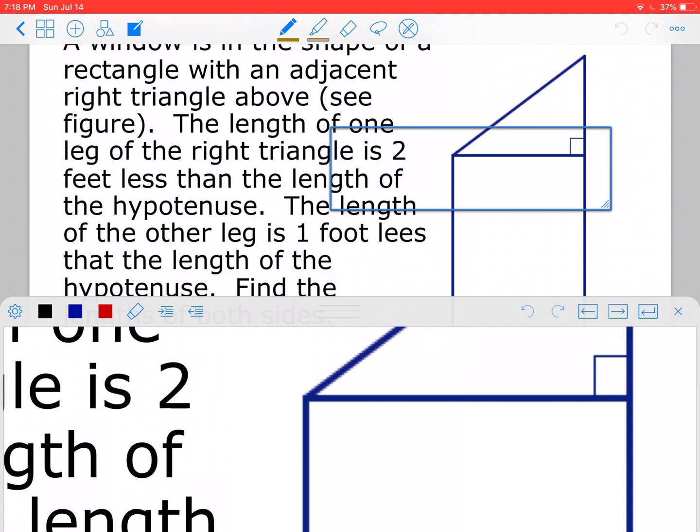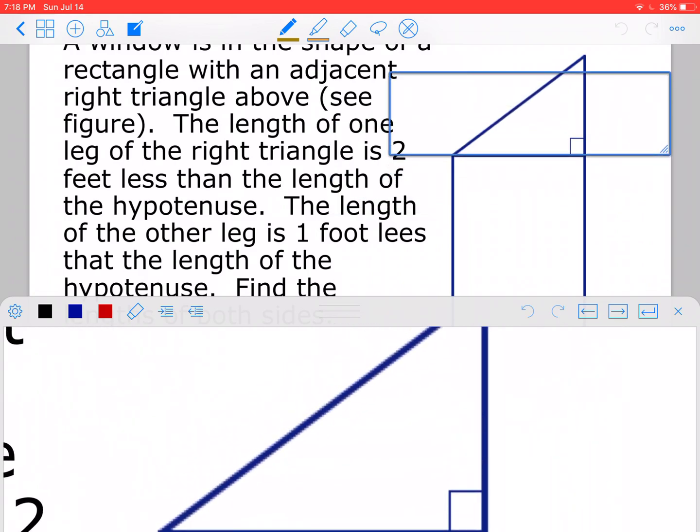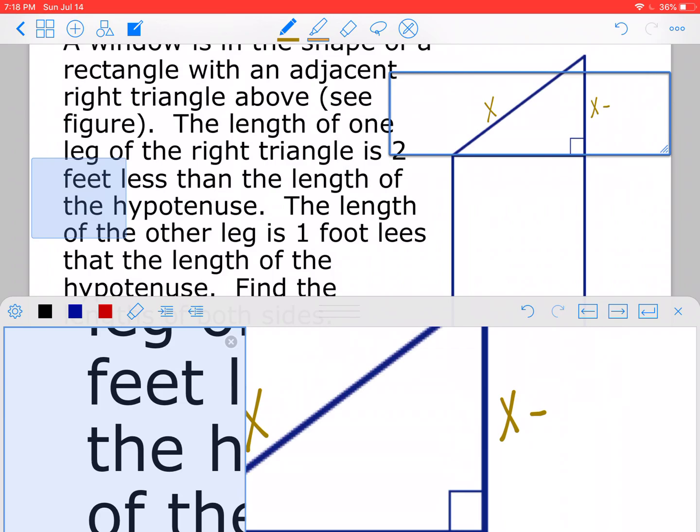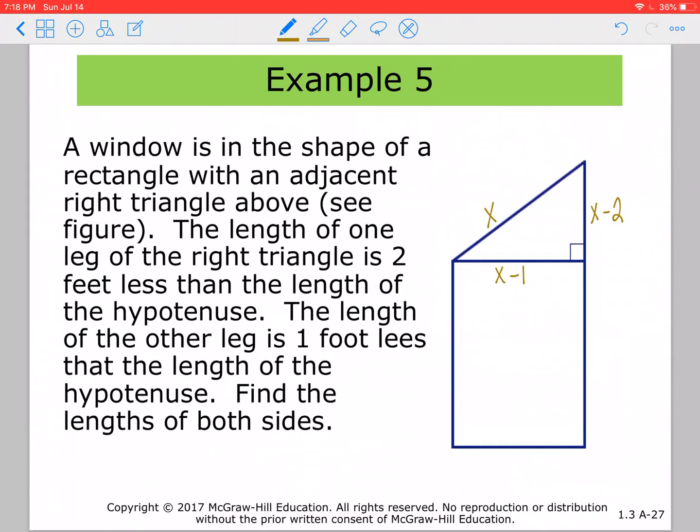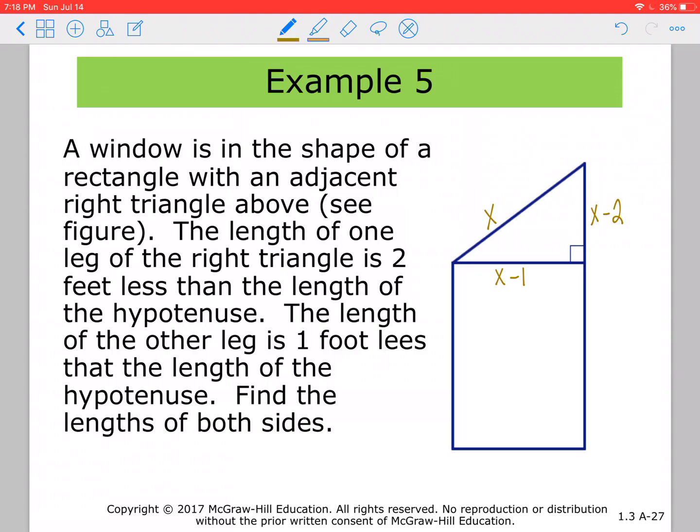The length of one leg of the right triangle is 2 feet less than the length of the hypotenuse. So if we say let the hypotenuse be x, then one of the legs is x minus 2. The length of the other leg is 1 foot less than the length of the hypotenuse, so x minus 1. It wants us to find the lengths of both sides.